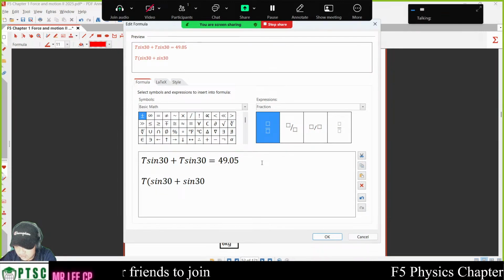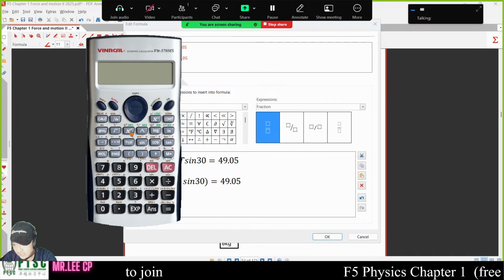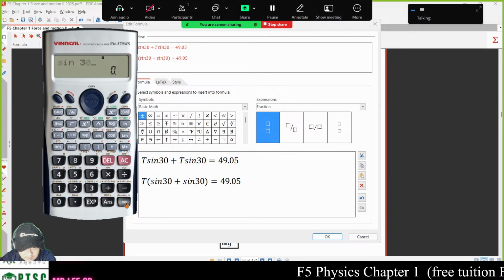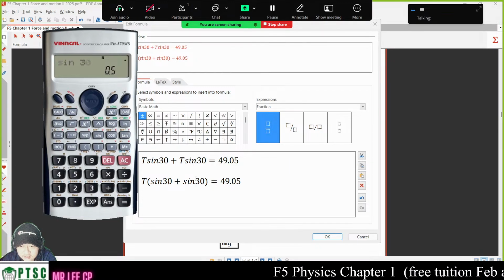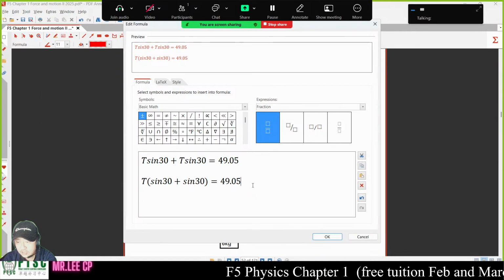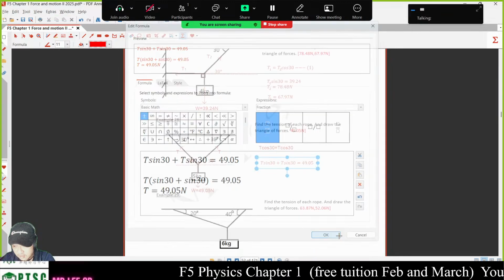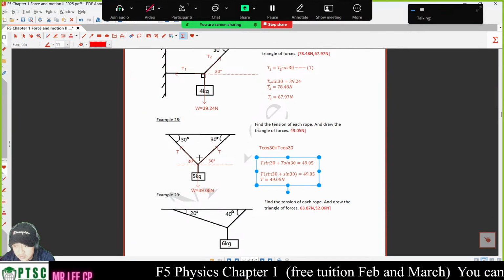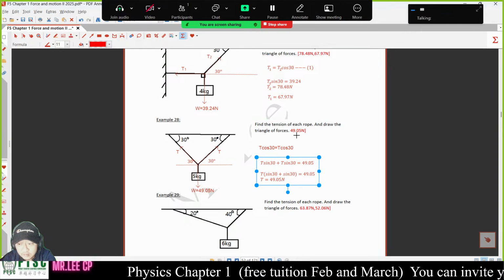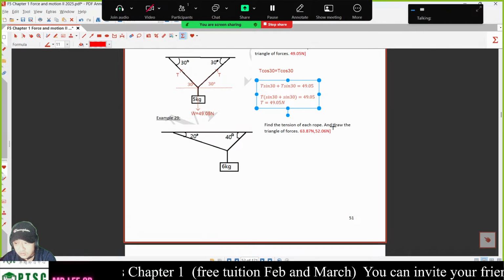Sine 30 is 0.5, so 0.5 plus 0.5 is 1. 1 times T is still T. So T is equal to 49.05. That's all, so I found T already. This T and this T are the same, so it is 49.05. I'll draw the triangle later.